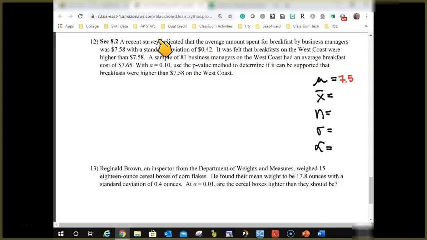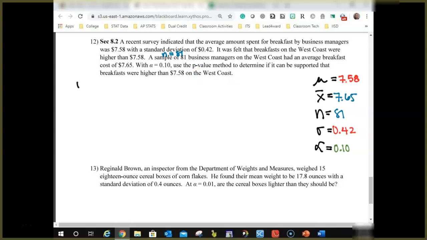This value is connected to the 7.58. This is the population average. That means this has to be a population standard deviation. I know that those two things are connected. And then we know that the sample size is 81. We also know that the sample mean based on the 81 business managers was $7.65, and then alpha was 0.10. And we want to be able to utilize the p-value method.